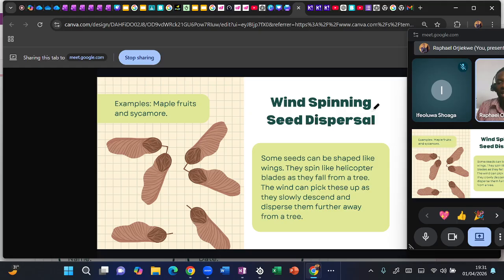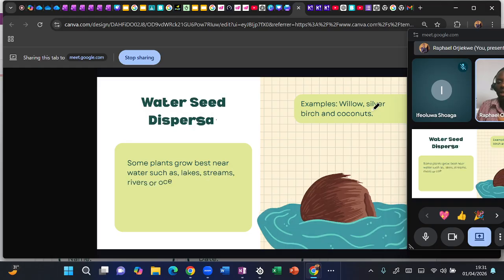Examples of that kind are the maple fruit and the sycamore tree. Any questions on that?